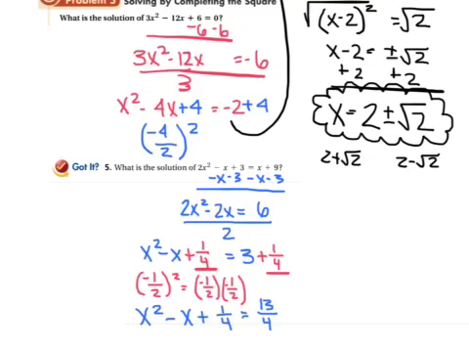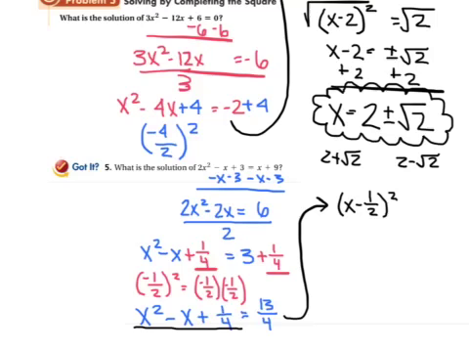So now we need to finish our solving process. So we need to take our perfect square trinomial and we need to factor it. So we have x minus what? Jess? Very good. How'd you get 1/2, Jess?